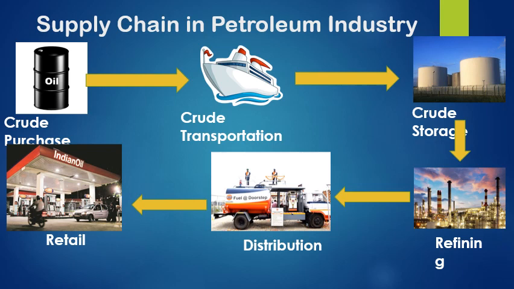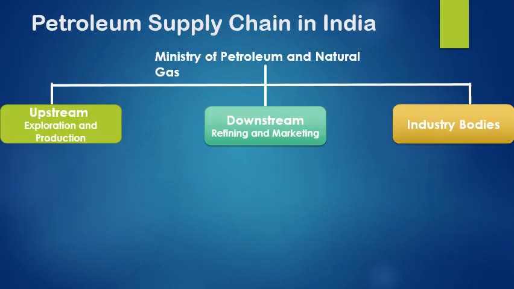The player in the entire end-to-end supply chain is the Ministry of Petroleum and Natural Gas, and under that ministry there are certain players at the upstream direction, meaning they are mostly in the exploration and production of crude oil.